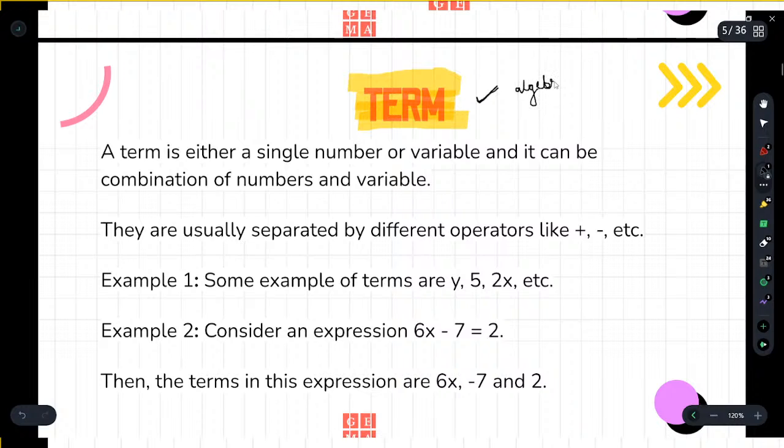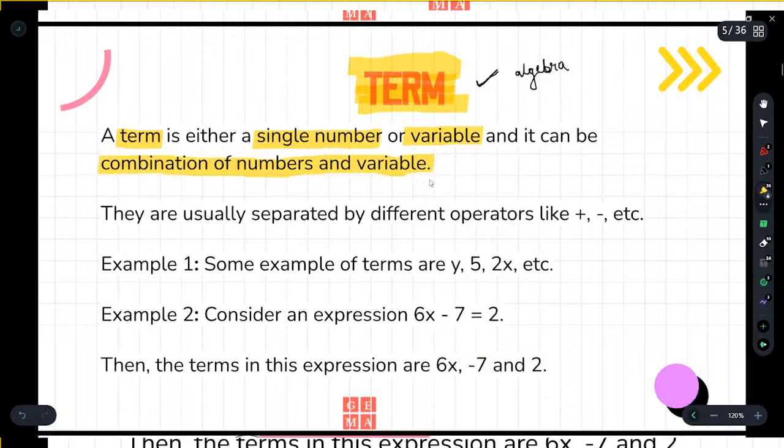Okay, so all of algebra contains terms. So what is it? A term is either a single number or a variable, and it can be a combination of numbers and a variable. Okay, so what is it? A term can be a single number, it can be 5, it can be 6, it can be 7, it can be any number.